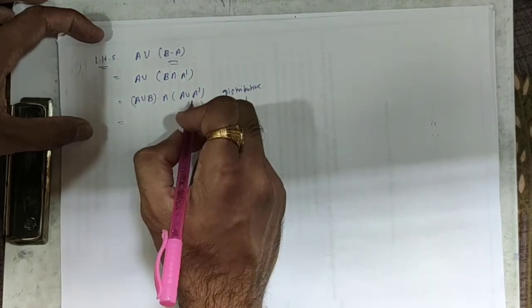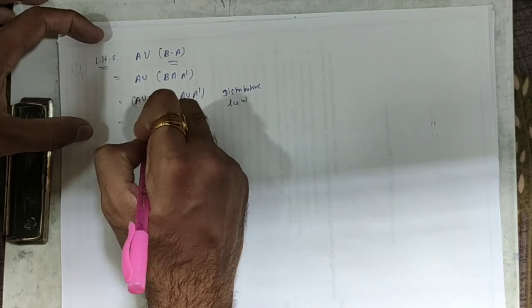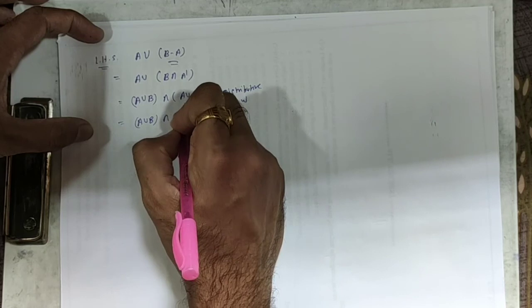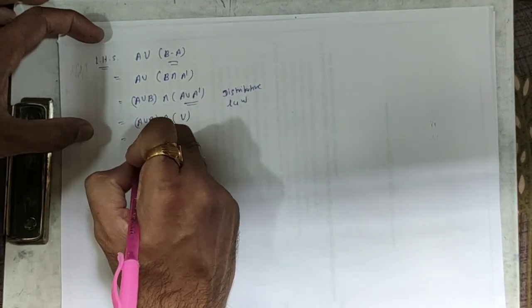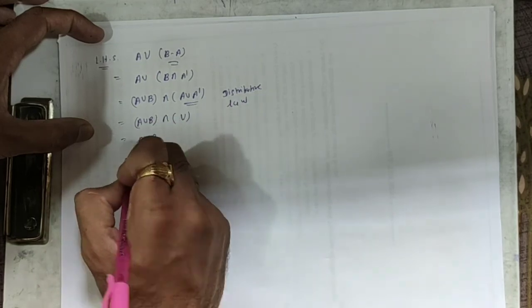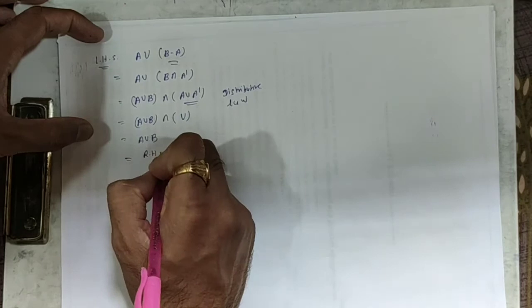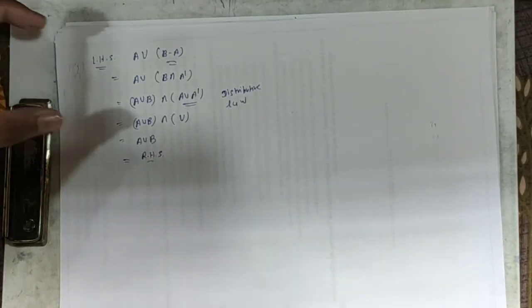Done. So what is this A union A dash? This is (A union B) intersection U. So the intersection of any set with U will give the set itself. So that will be A union B, and this is our right hand side. Clear? So this is your question number 8.